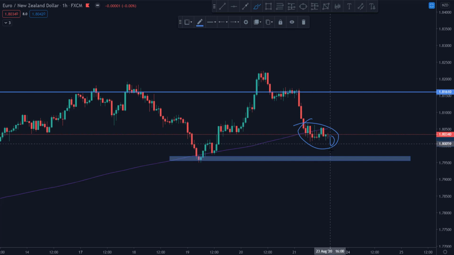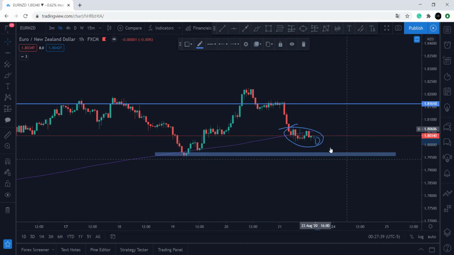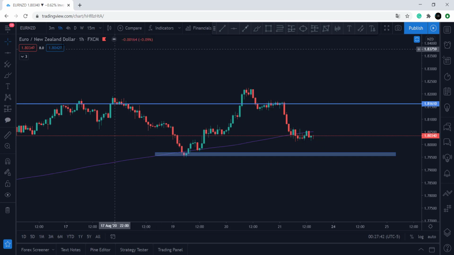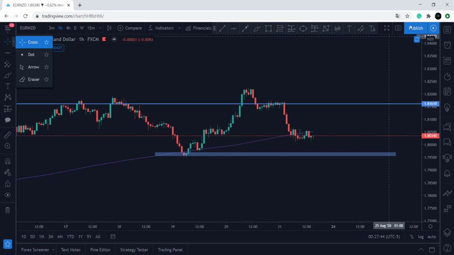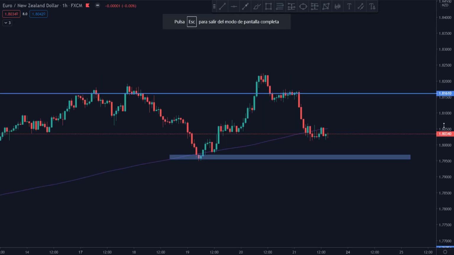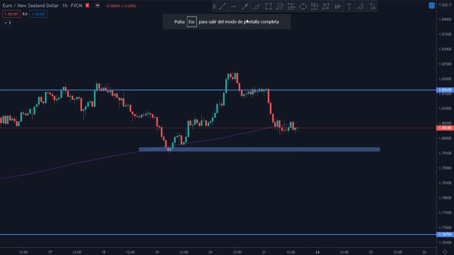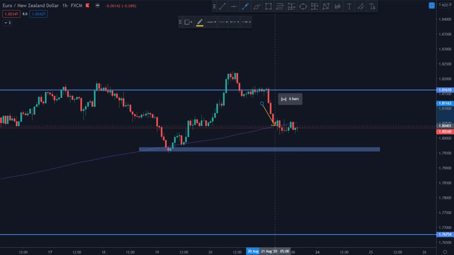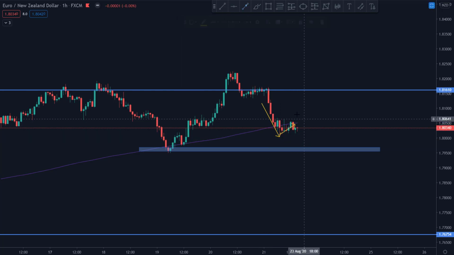If we see a bearish engulfing candle, we enter here basically. Let me change this to this, and yeah, what I like to see is the price making a bearish engulfing candle. We enter basically at the close of the bearish engulfing candle. Let's say that it's here, this area.